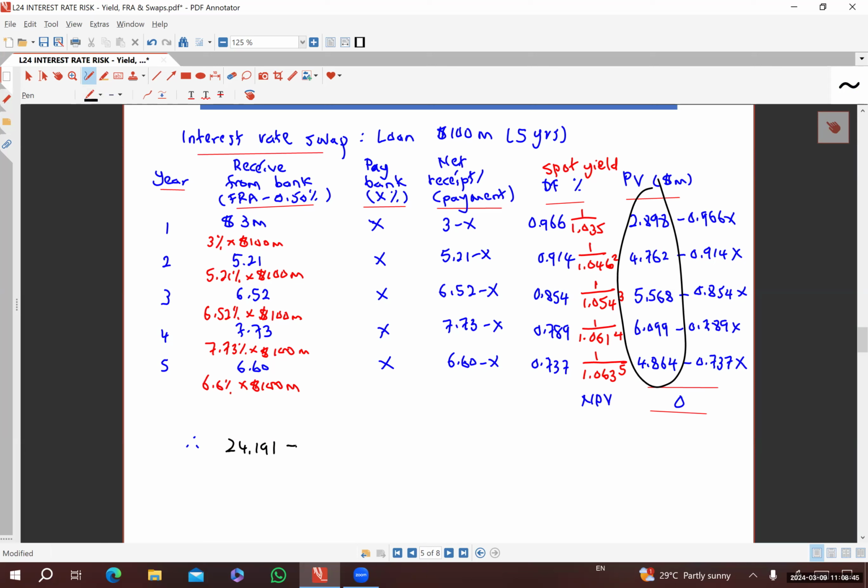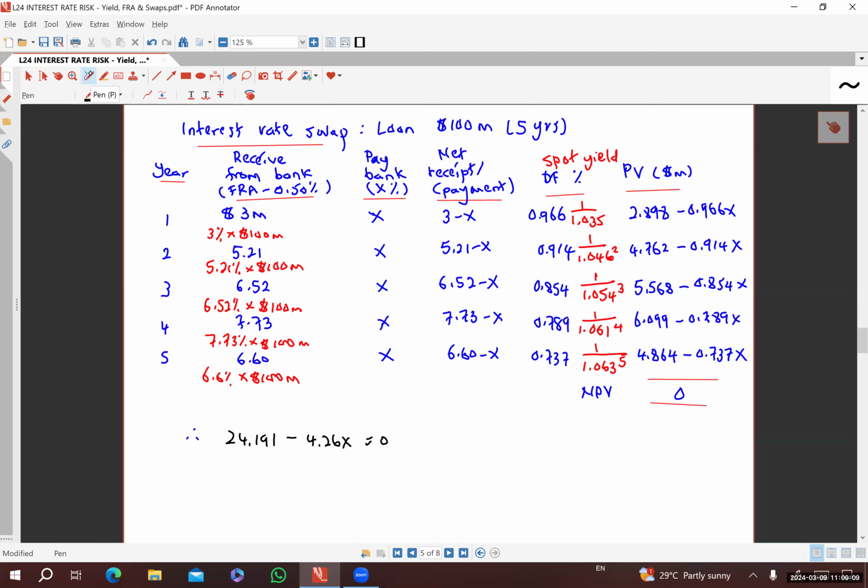Yeah, minus, then add up all these x here, 4.26x. Okay, that should equal to 0 NPV. And now they should tally. Both parties should be equal, then only they will agree. Okay, so I can find x already, right?